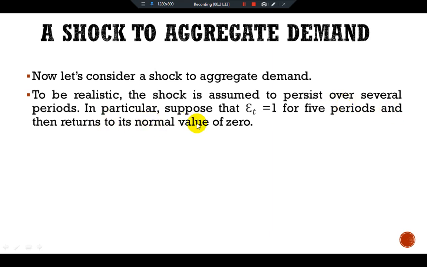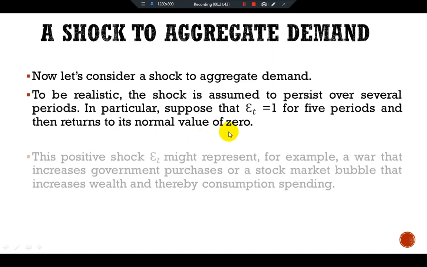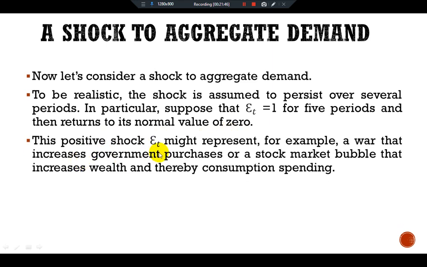In particular, suppose that epsilon t is equal to 1 for 5 periods and then returns to its normal value of 0. This positive shock epsilon t might represent, for example, a war that increases government purchases, or a stock market bubble that increases wealth and thereby consumption spending.